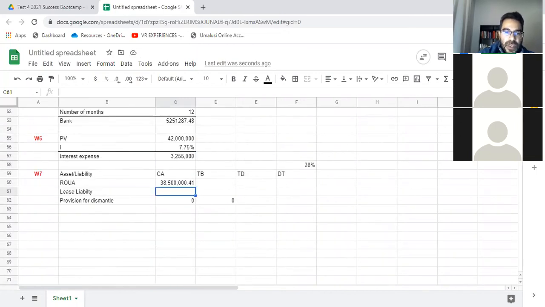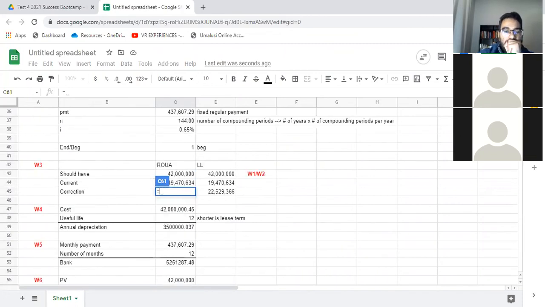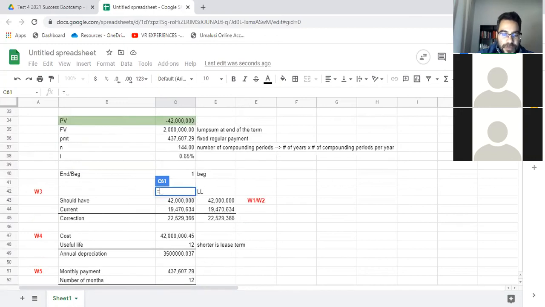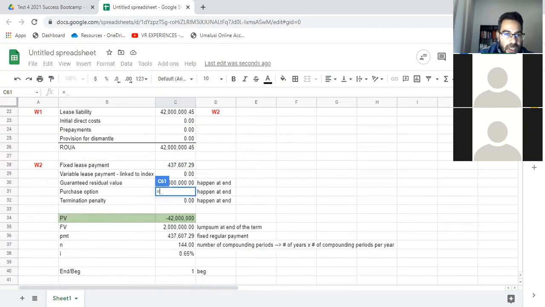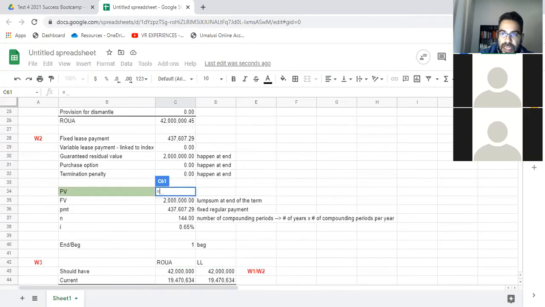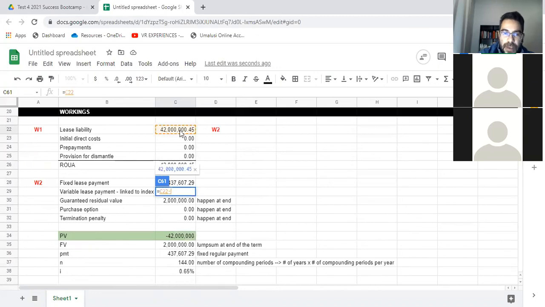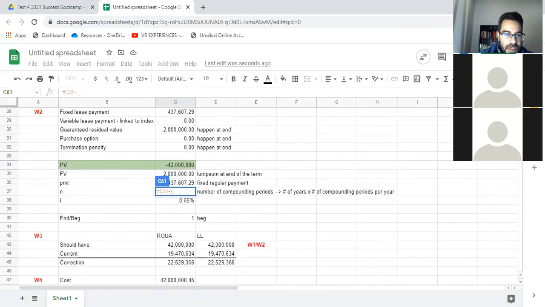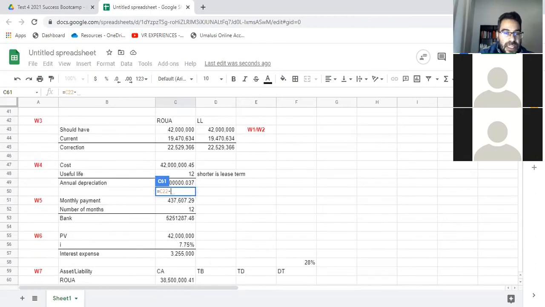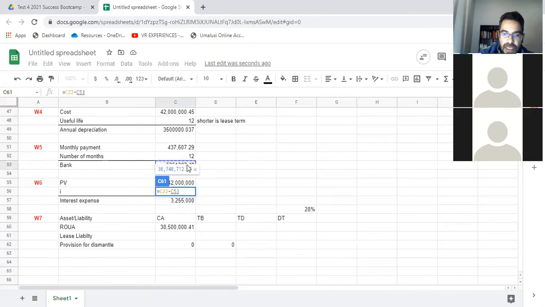The lease liability would equal the opening balance, minus the payment, plus the interest expense.